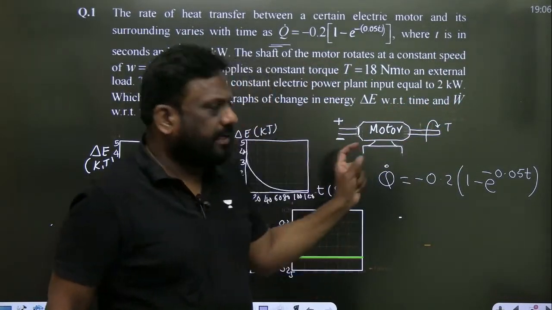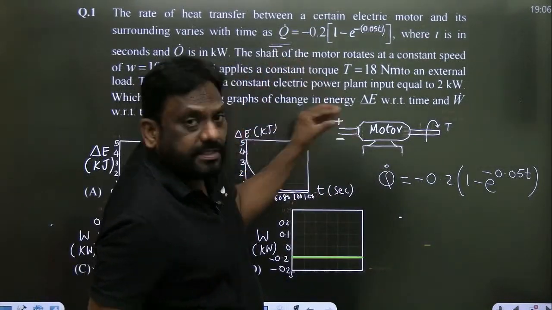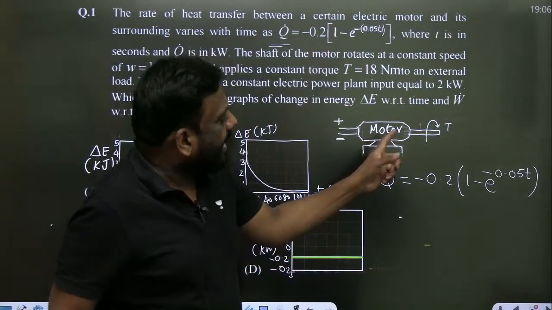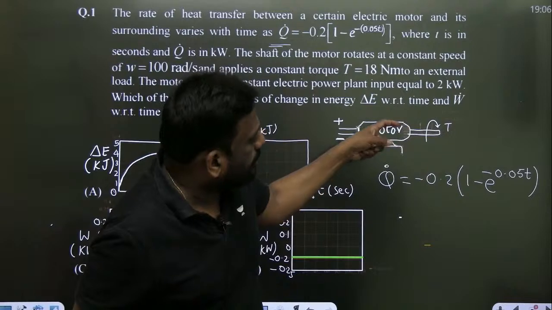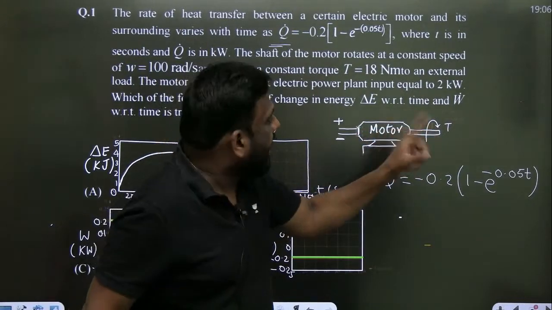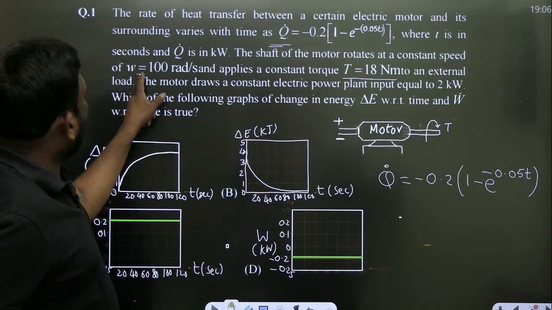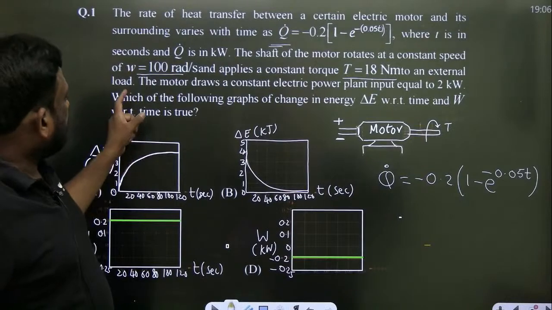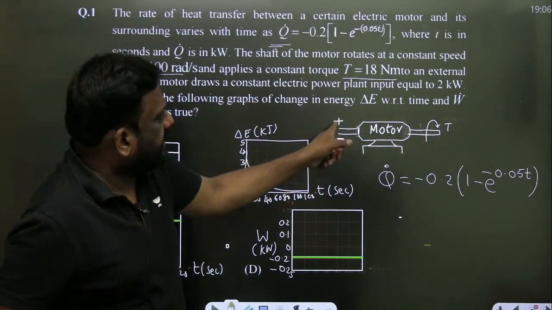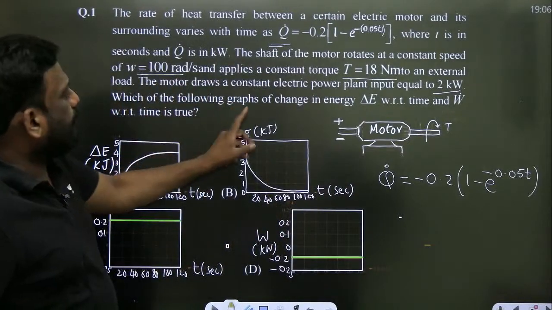In the motor there are two work interactions: one is electrical work input on the system, which is minus, and the other is the shaft work. He has given the torque as 80 Newton meter, and the shaft is rotating at 100 radian per second. The motor draws current from the electrical plant, which is equal to 2 kilowatt.